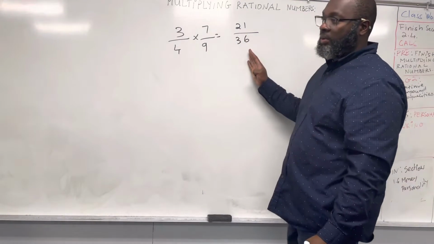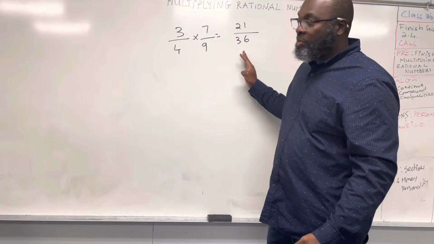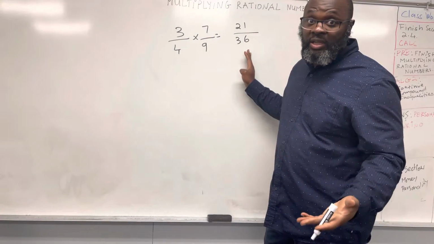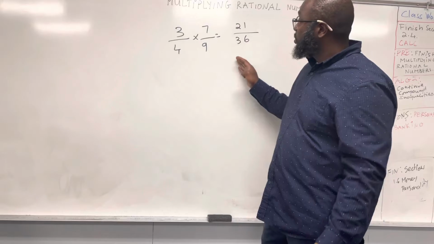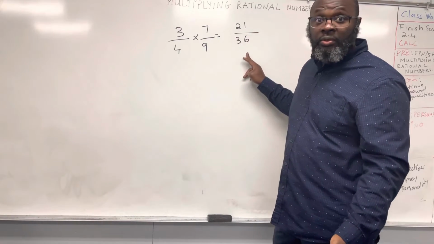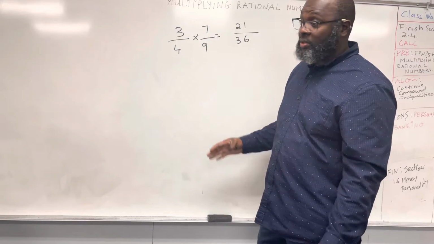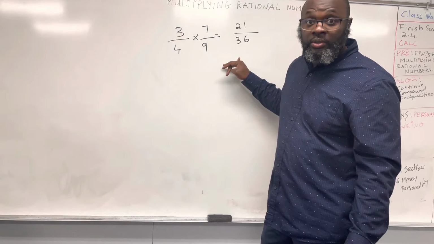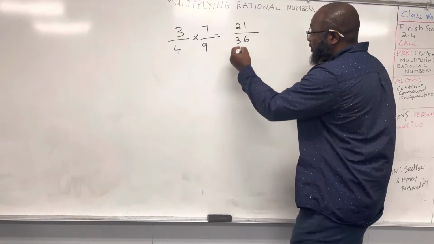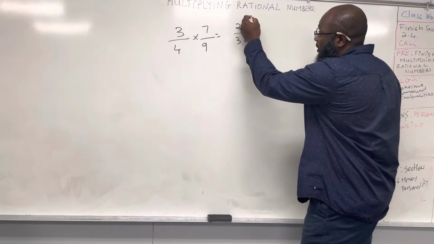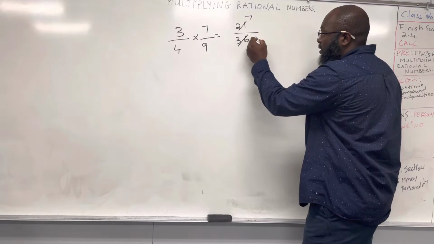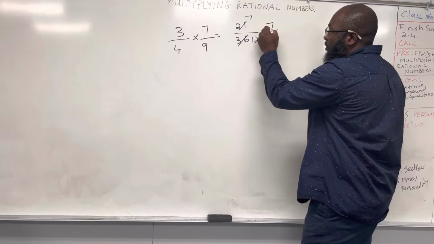When you get here, most people will multiply and then try to find the GCF, the greatest common factor. So what goes into 21 that goes into 36? If you know your multiplication table, you know that 3 goes into 21 and 3 also goes into 36. So if you divide by 3, you get a 7, and if you divide by 3, you get a 12, and that gives you 7 over 12.